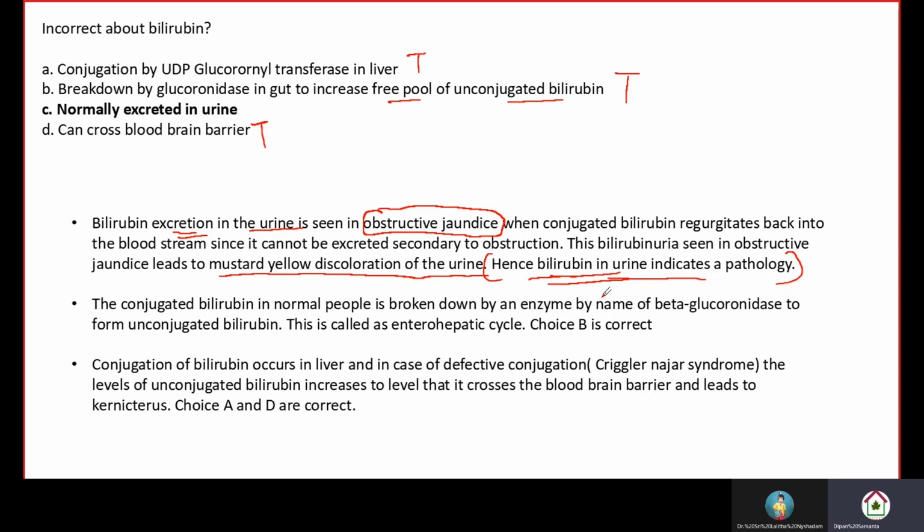Conjugated bilirubin in normal people is broken down by the enzyme beta glucuronidase to form unconjugated bilirubin.